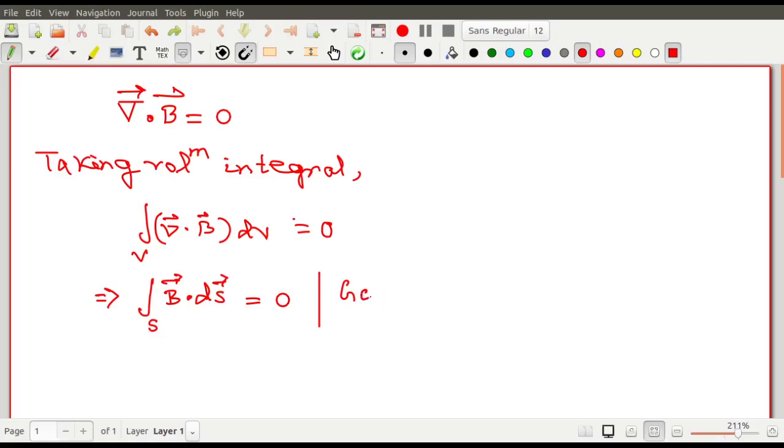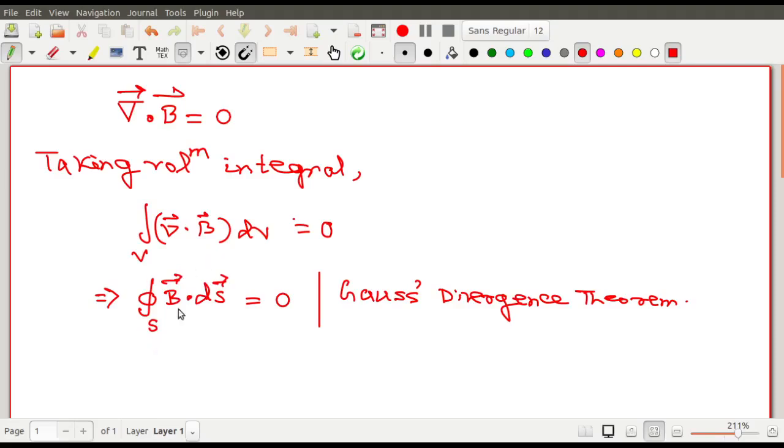The Gauss law, you have heard the name in your higher secondary classes. So this is known as Gauss's divergence theorem, and this is over a closed surface. What it actually does is convert a volume integral into a surface integral.